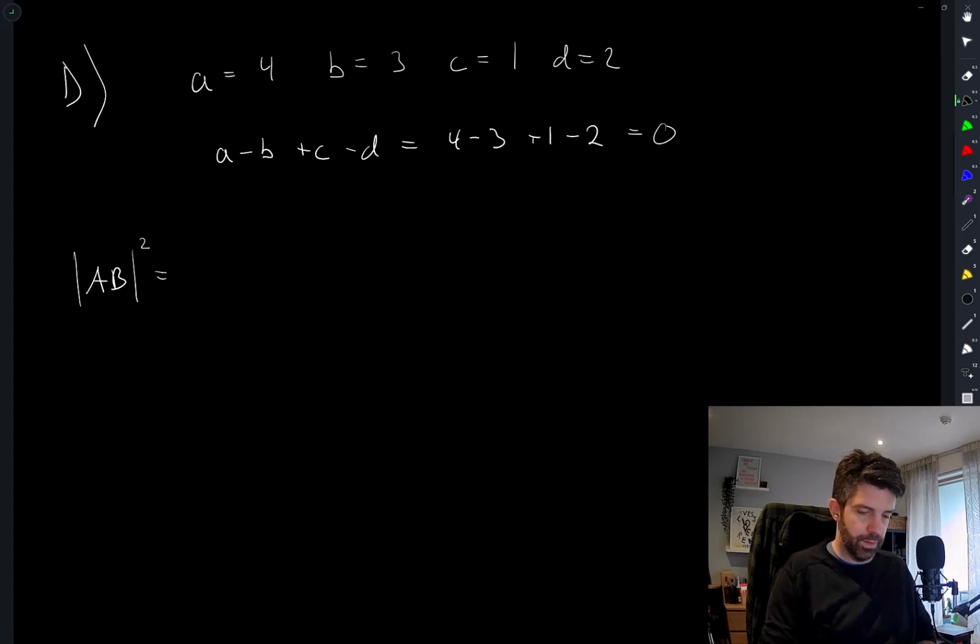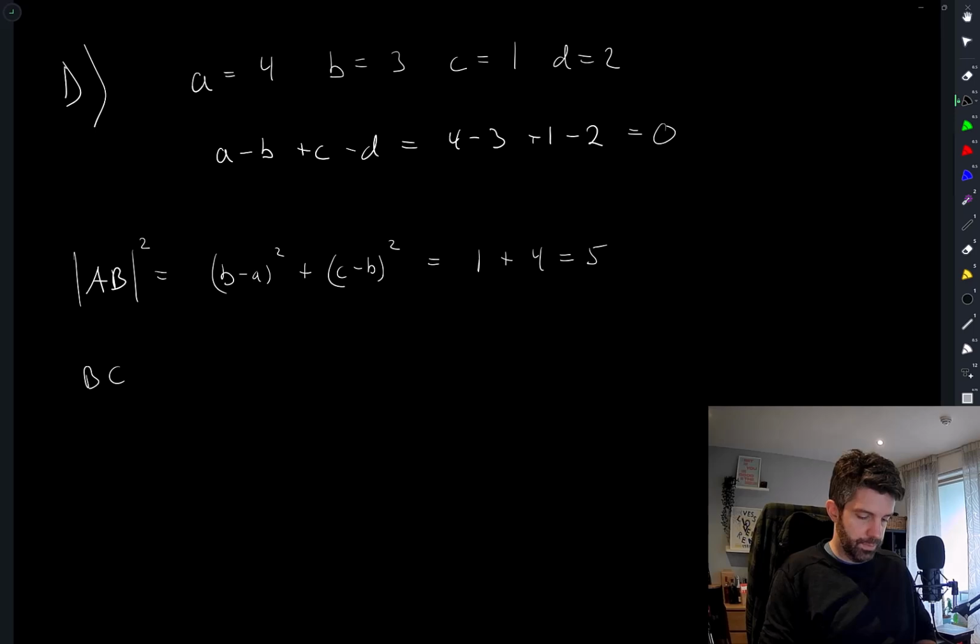AB squared is (B minus A) squared plus (C minus B) squared, which is 1 plus 4, equal to 5.